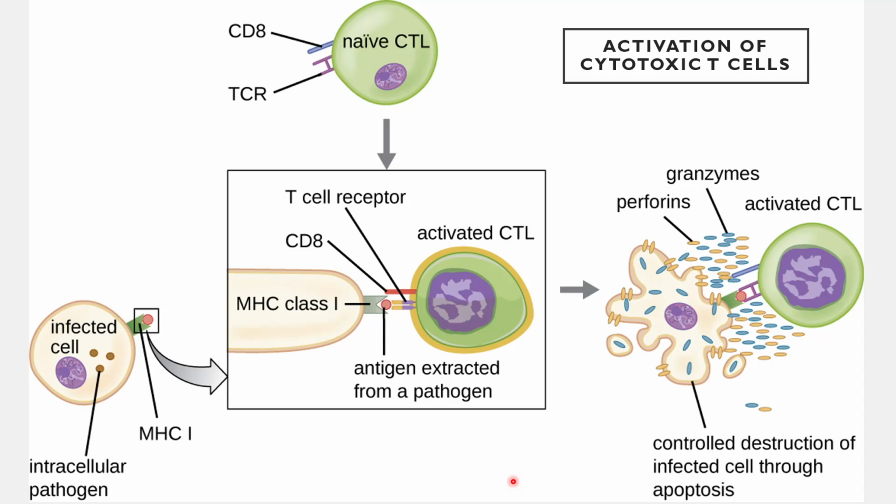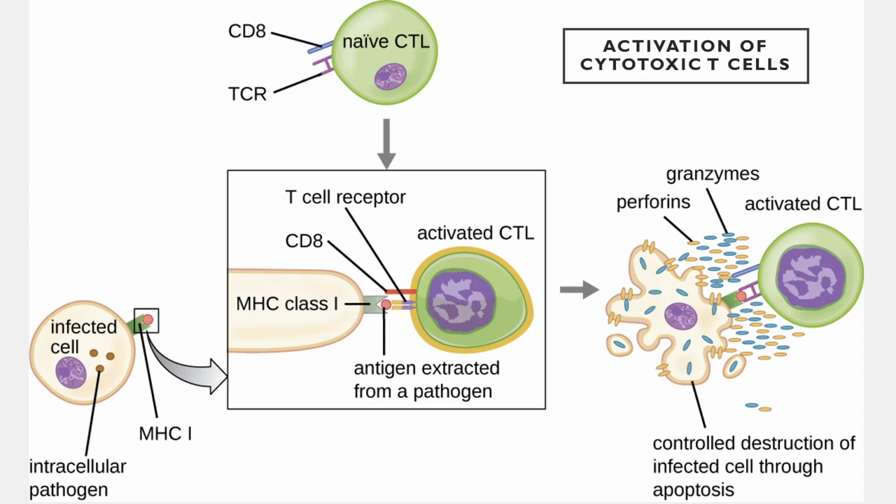And this mechanism that is carried out by cytotoxic T cells is important because apoptosis allows for the destruction of host cells, human cells that have been infected with pathogens, without lysing them, because to lyse them and break them open would release the intracellular pathogens that are found inside. Apoptosis avoids this and allows the cell to be killed while the intracellular pathogens remain inside and are not spread, therefore, to other cells in the human body.